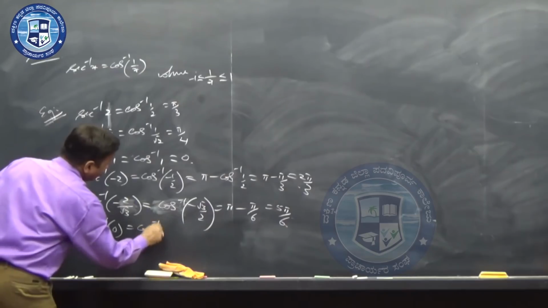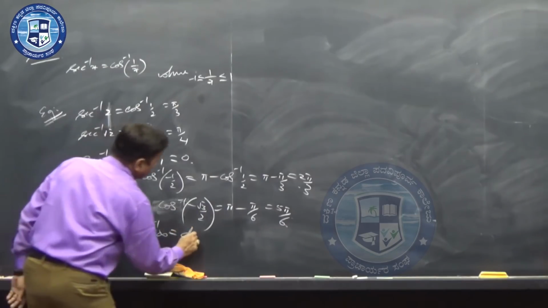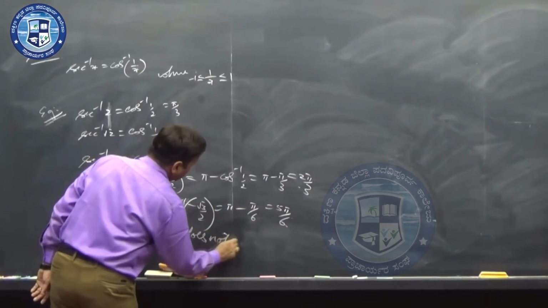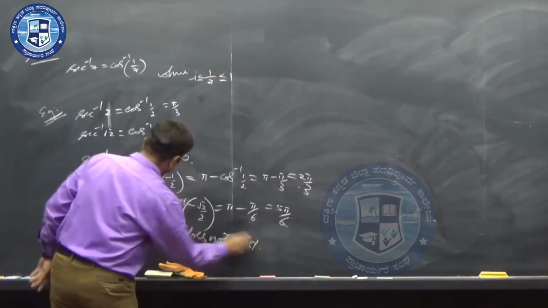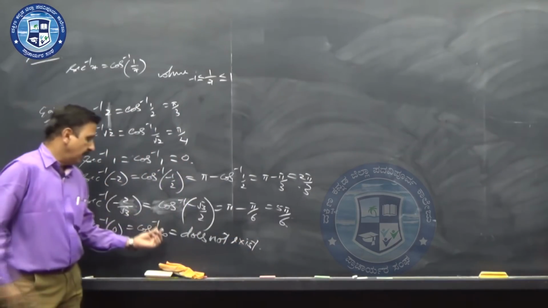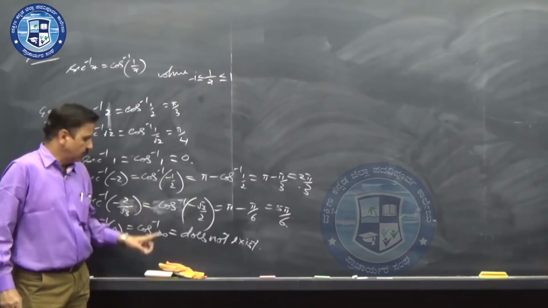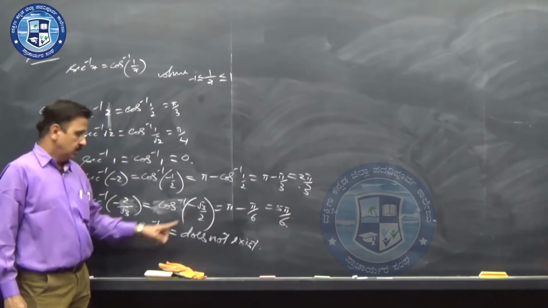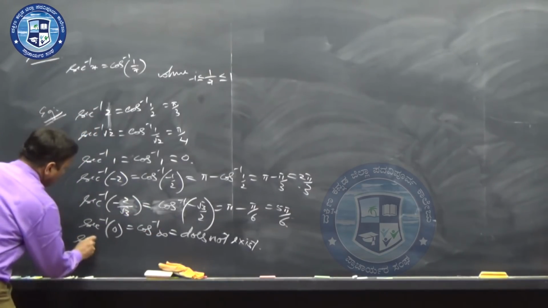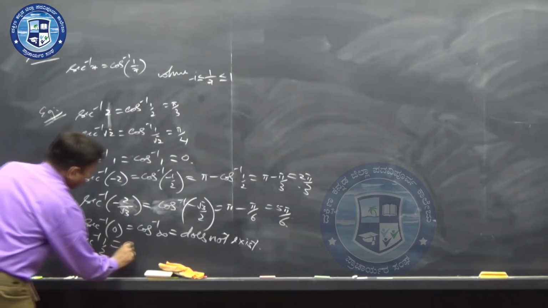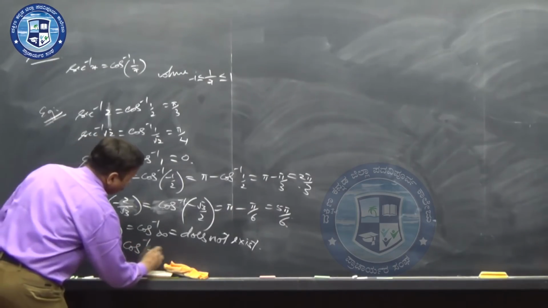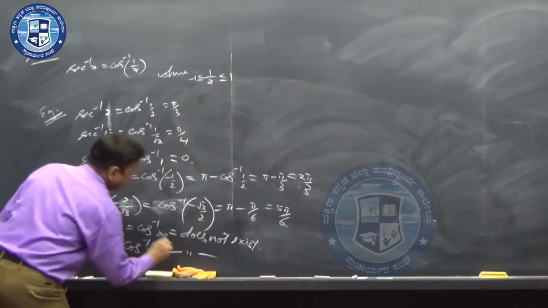Similarly, you can analyze what is secant inverse 0. Secant inverse 0 is cos inverse infinity, does not exist. This is because for cos inverse, whatever you are having must be between minus 1 and plus 1. Here it is more than 1, so it cannot exist. Similarly, secant inverse half is equal to cos inverse 2. It does not exist.